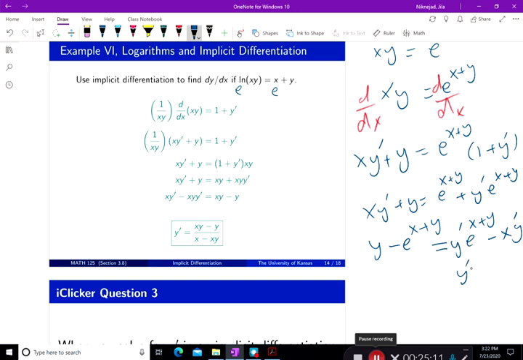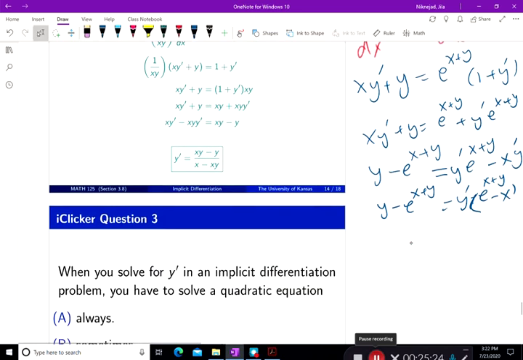Factoring y prime. And then y prime is going to be equal to y minus e to the power x plus y divided by e to the power x plus y minus x.